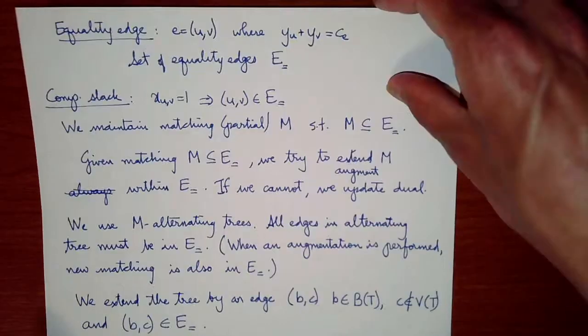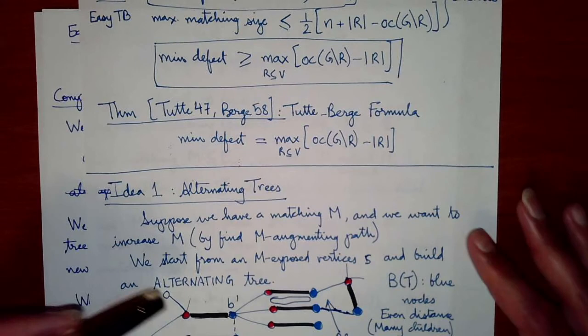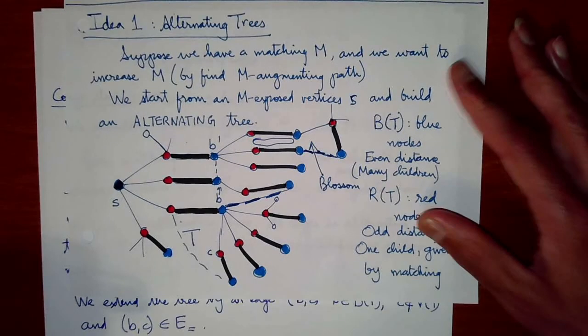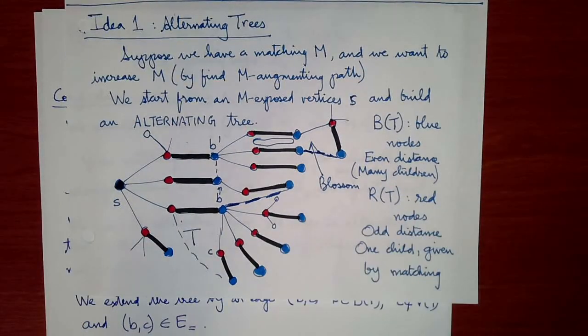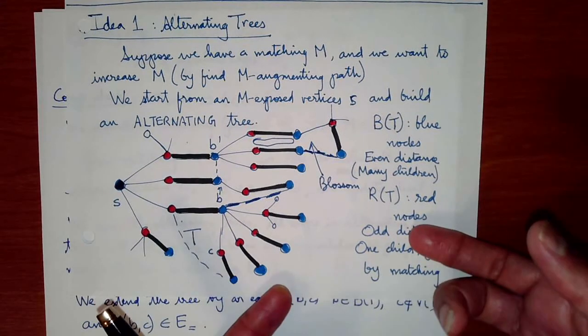Remember that the blue set and the red set essentially form a bipartite graph amongst themselves, where the blue set is on one side and the red set is on the other side, because they're formed from some subtree.